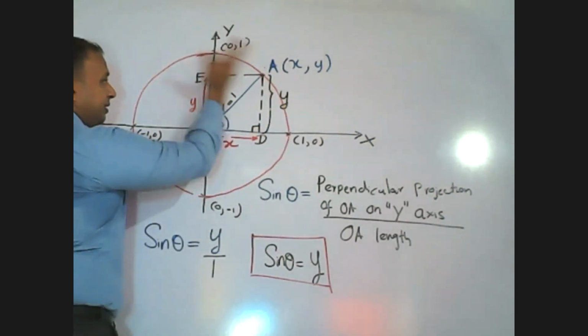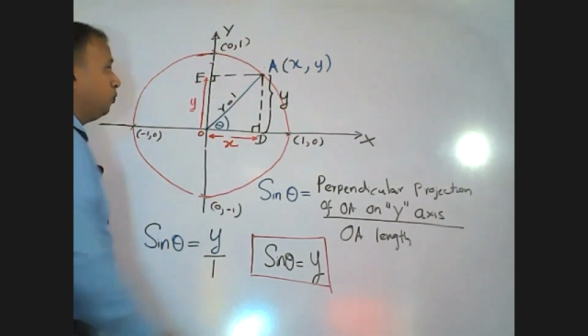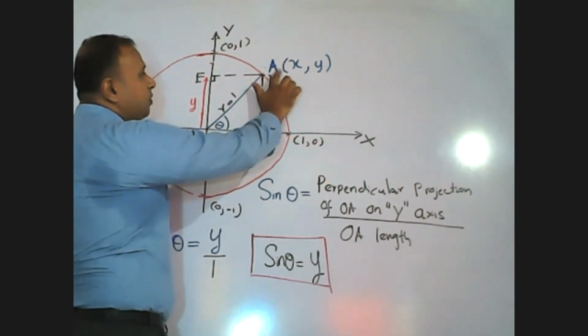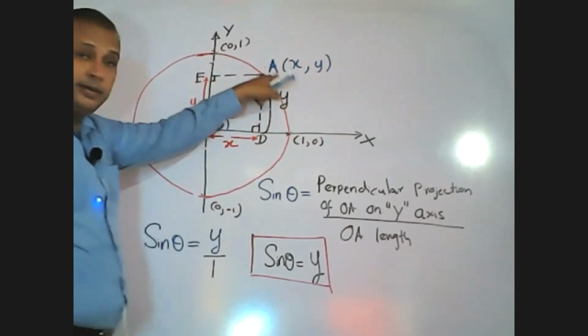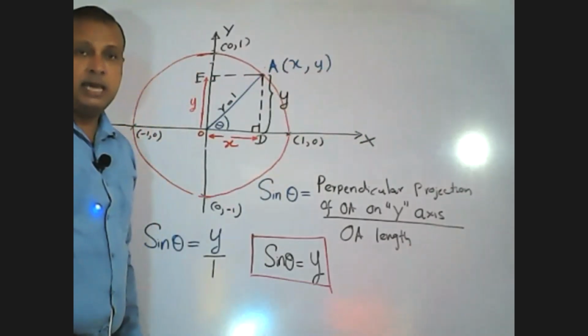Now it has rotated by theta. Then I have assumed the Cartesian coordinate of this point is x, y.